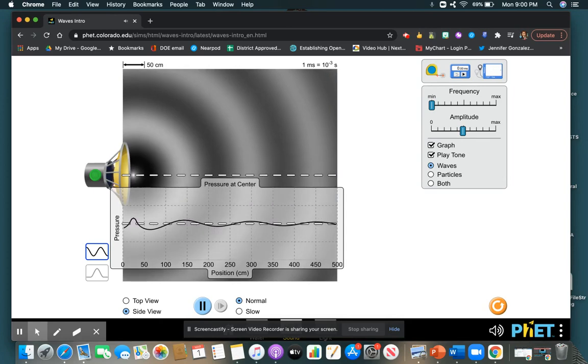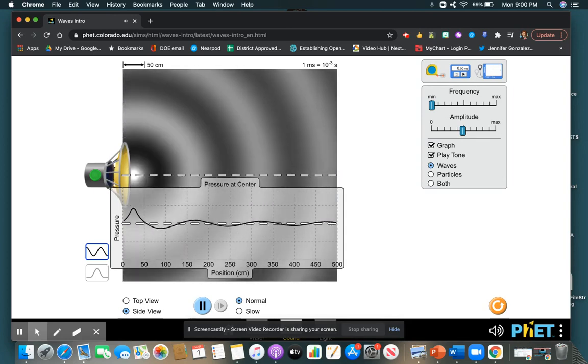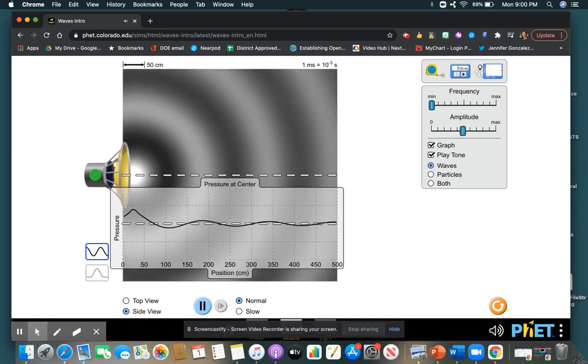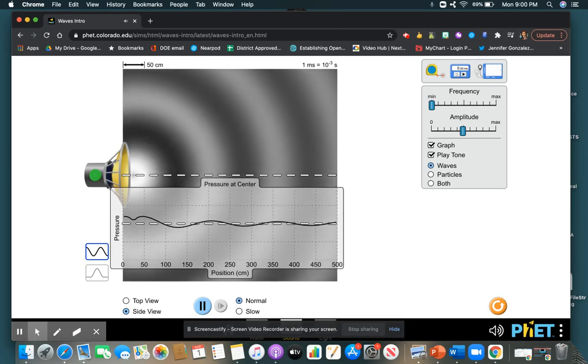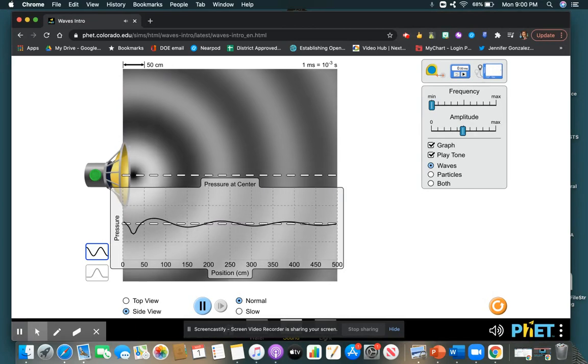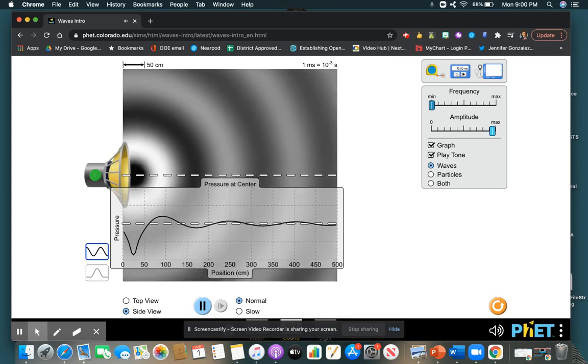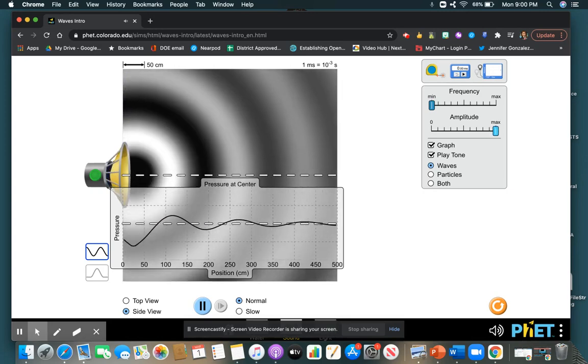So if we remember from our water wave investigation, amplitude is the height of a wave from rest. But in sound, the amplitude is the height of the wave. And as you turn up the volume, you'll see that the amplitude increases.